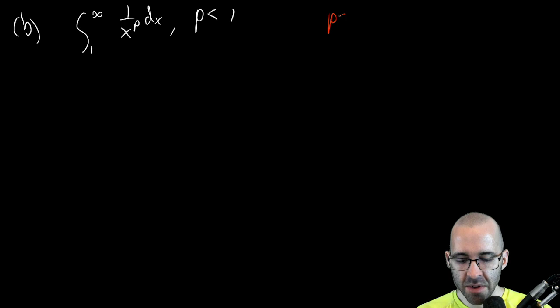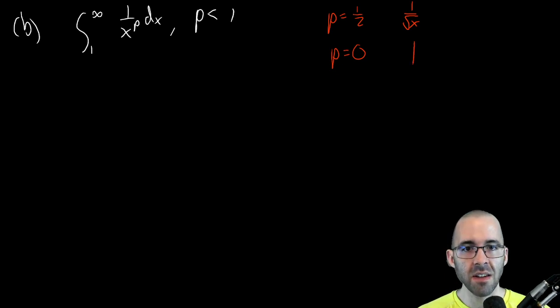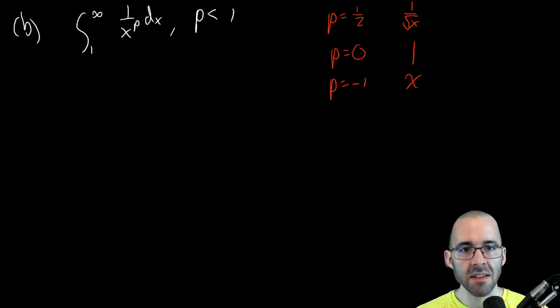Right? If p is equal to like a half, we have 1 over the square root of x. If p is equal to 0, well, that's not very interesting. We just have the constant function 1. If p is negative 1, we have the function x. Do we have to worry about a natural log anywhere? No, because p can't equal 1.